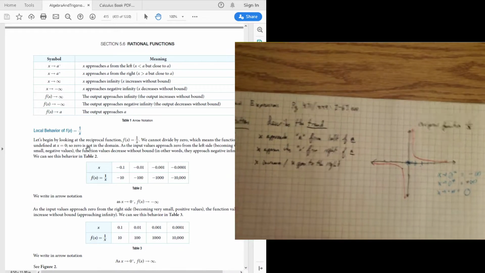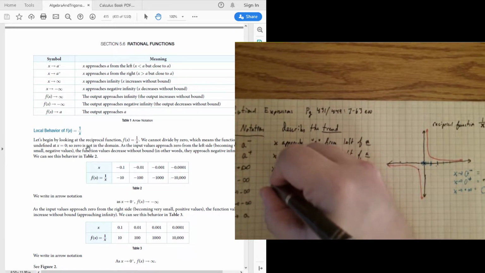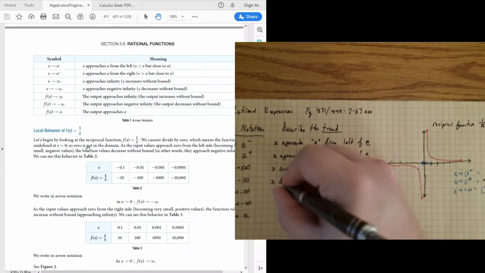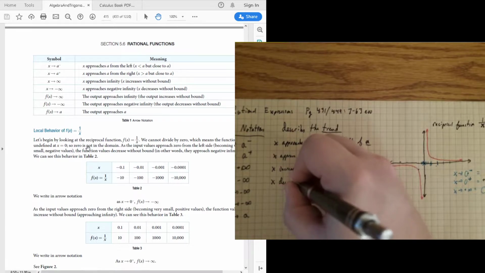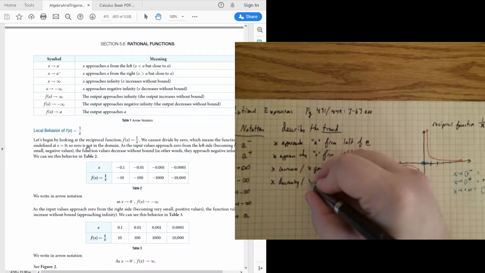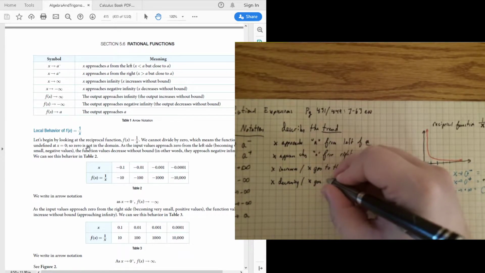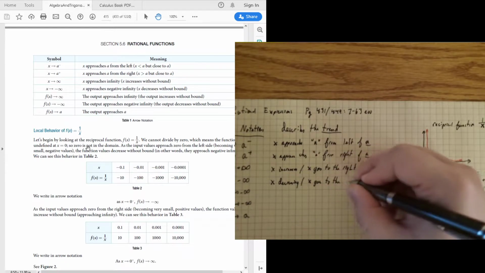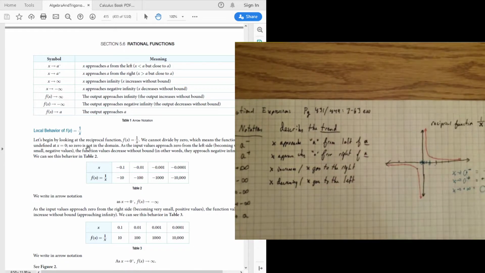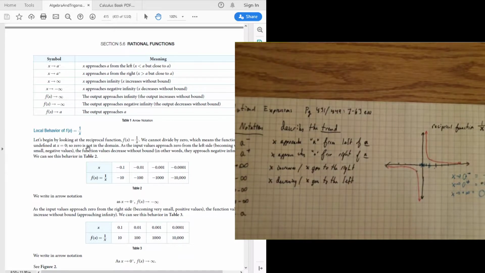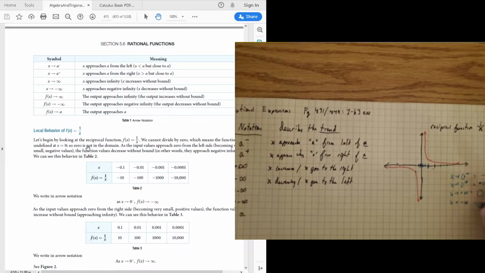This other one, as x goes to negative infinity, is when x is decreasing. Or if you think about the graph, as x goes to the left. So in this particular example, you can see that as x goes towards negative infinity, something similar happens.